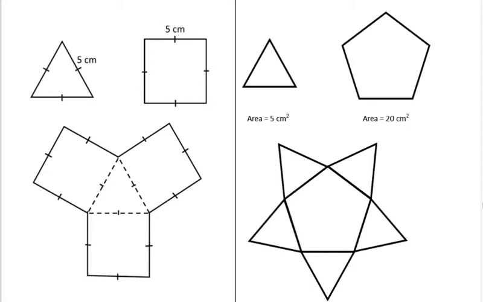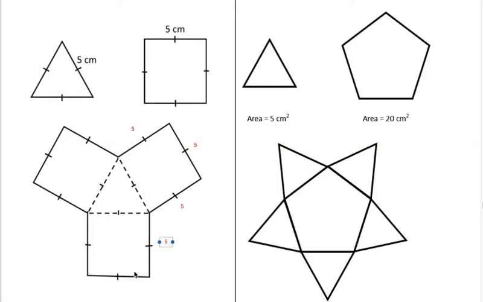So what we've got is 5 plus 5 plus 5, which is 15, and we've got that again and again and again. So it's 15.